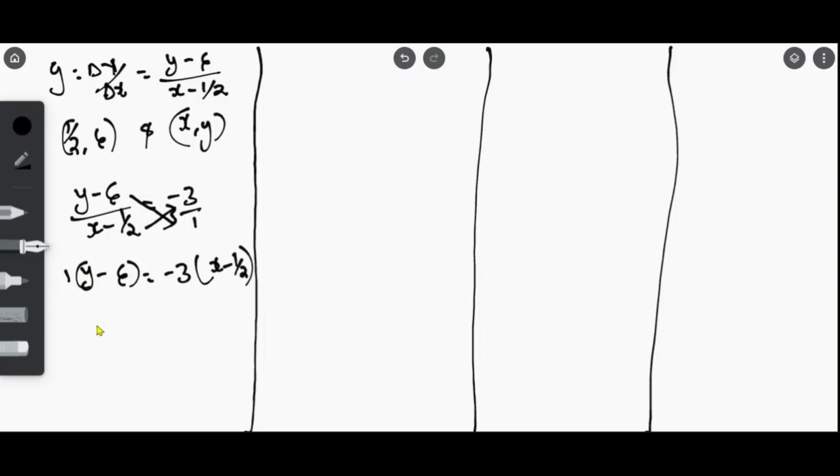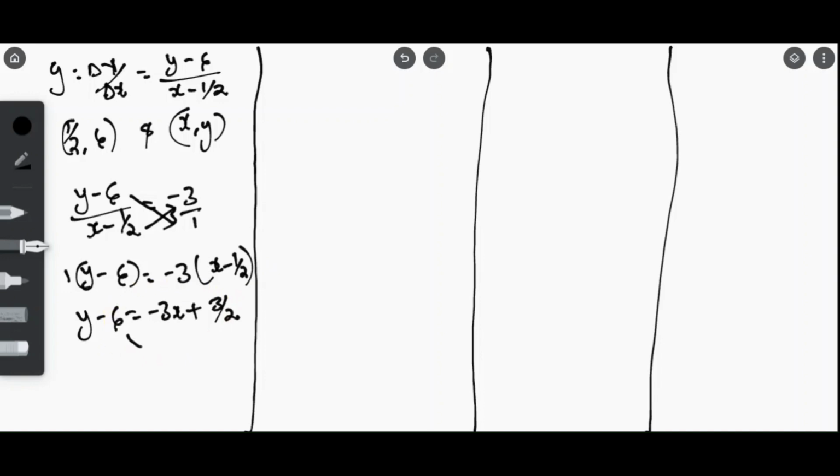Then you open the bracket. This will be y minus 6 equals negative 3x. Then negative turns to be positive, so plus 3 all over 2, because 3 multiplied by half is 3 all over 2. Then these are like terms.